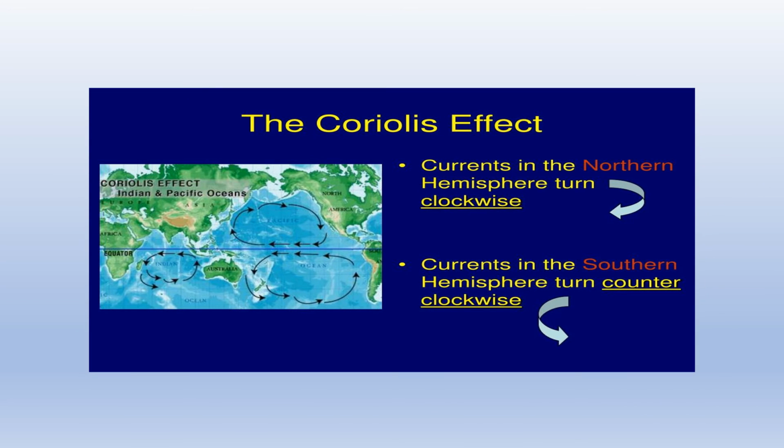Let us understand the important fact about it. Because of the Coriolis effect, in the northern hemisphere the winds blow in the clockwise direction, and in the southern hemisphere they move in the anti-clockwise direction. This is shown in the Pacific and the Indian Ocean, an interesting factor one has to understand.